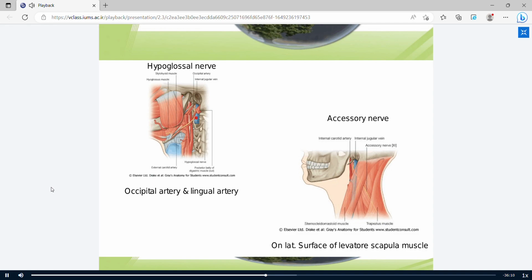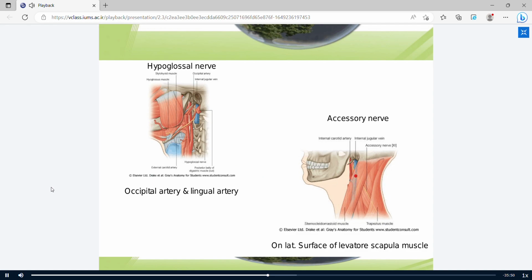This is the hypoglossal nerve crossing the occipital artery 2 times. And finally, the hypoglossal nerve innervates the lingual muscles, except the palatoglossus muscle.